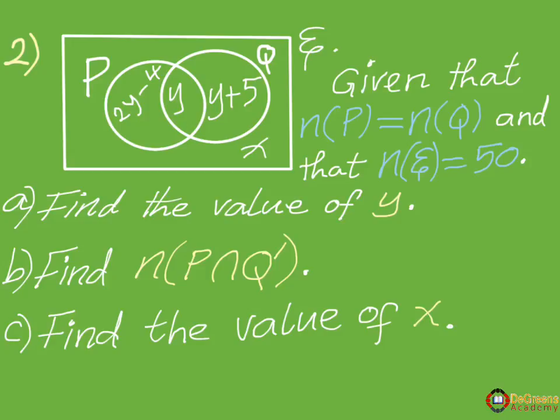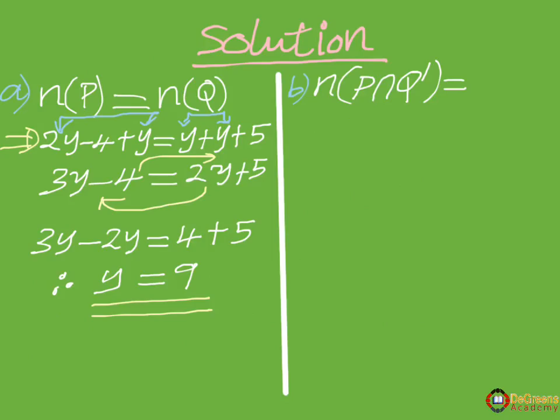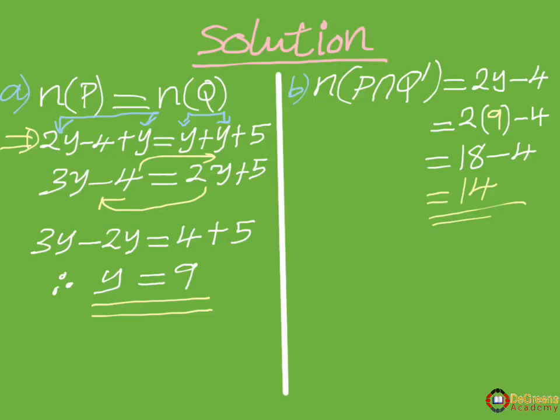Since we have calculated the value for y, we simply replace that y by 9. So now we are going to have that equal to 2y minus 4. Replacing y by 9, we have 2 times 9 minus 4. 2 times 9 gives 18, so that gives 18 minus 4, which is equal to 14.